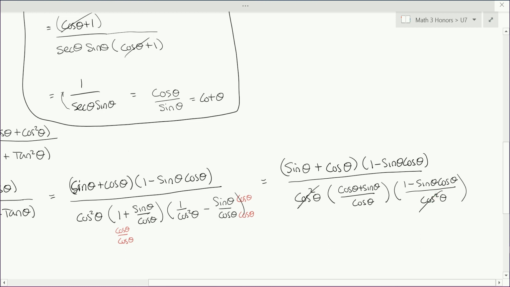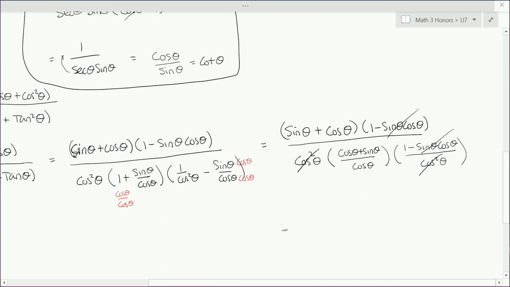Which is nice. And then this factor I could reduce with this one. And so now we're left with sine theta plus cosine theta over, and then this cosine here, I'll move.